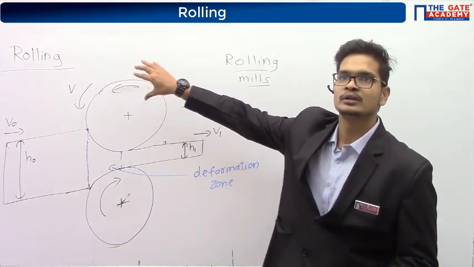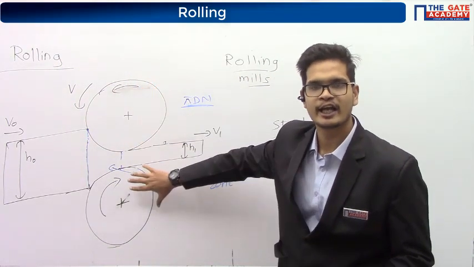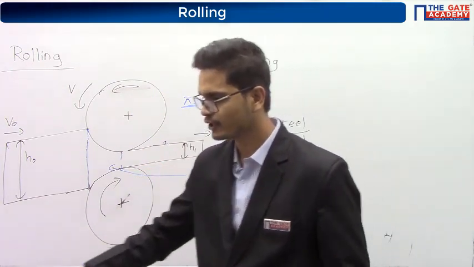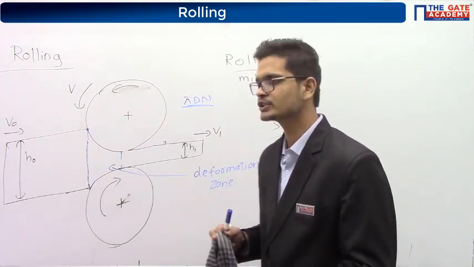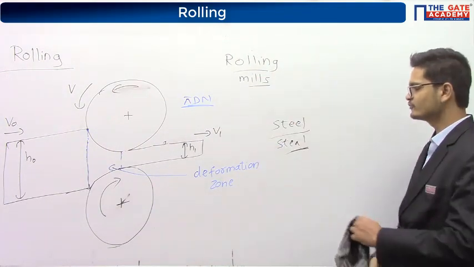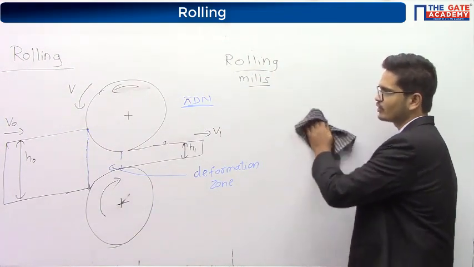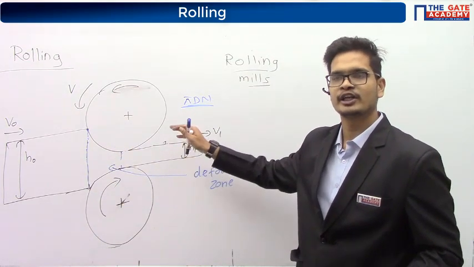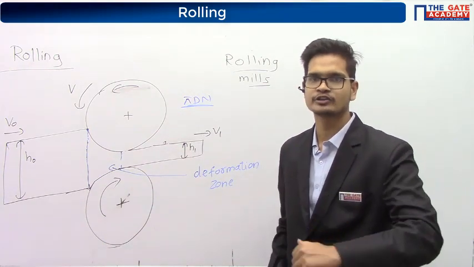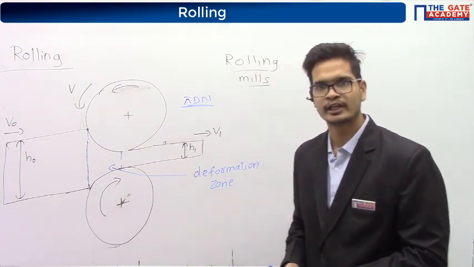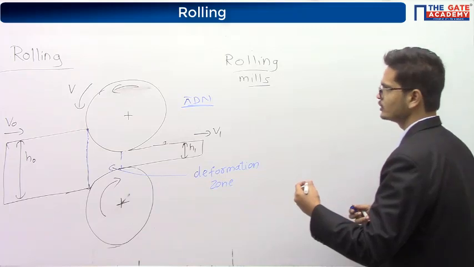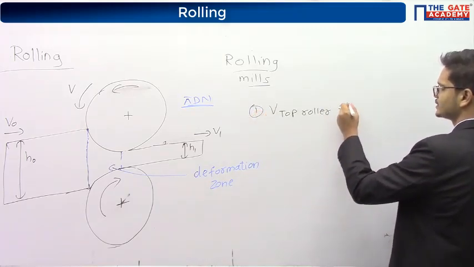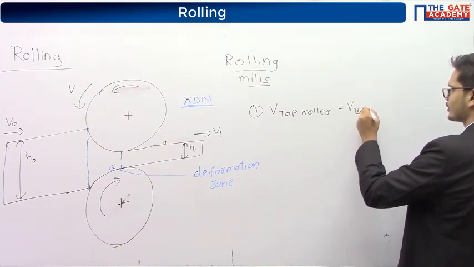Now, the top roller will have the same velocity as the bottom roller. Why? Because if there is some difference in the velocity, bending of the material will take place. The material will bend along the high velocity roller. Therefore, the velocity of the top roller is equal to the velocity of the bottom roller.